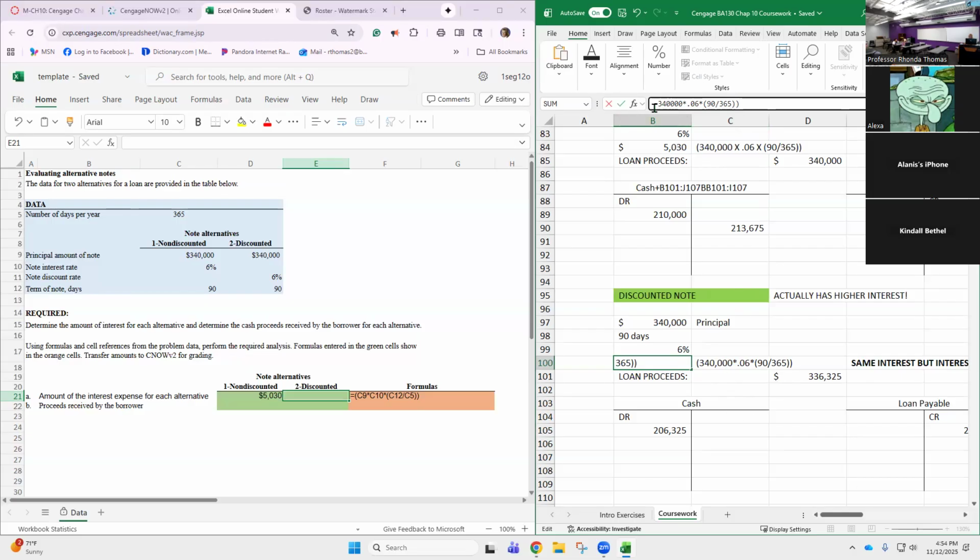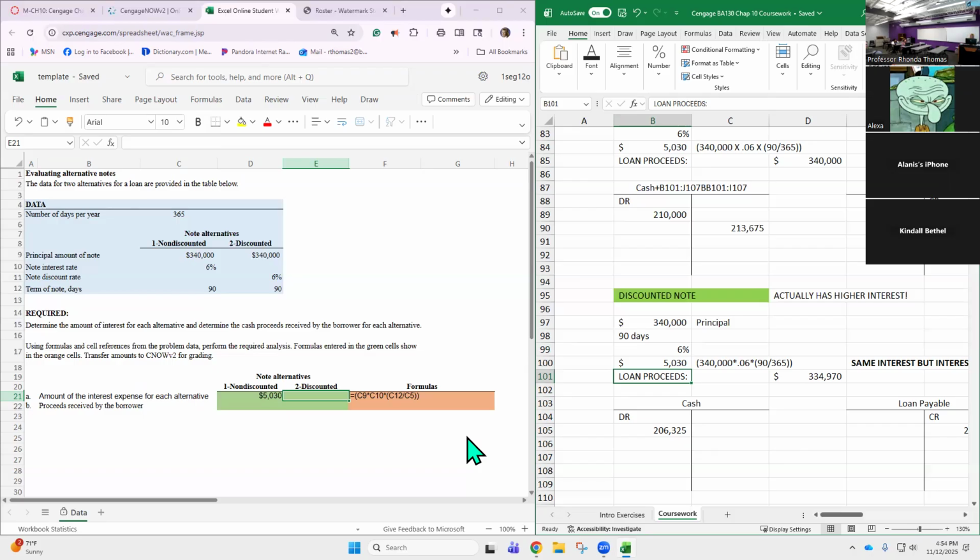I think I need a set of parentheses on the front end. Yep. So there it is. Same amount, right? You say, why did you make us go through that again? Because I want you to know that whether it is a simple, non-discounted note or a discounted note, the interest amount is the same.